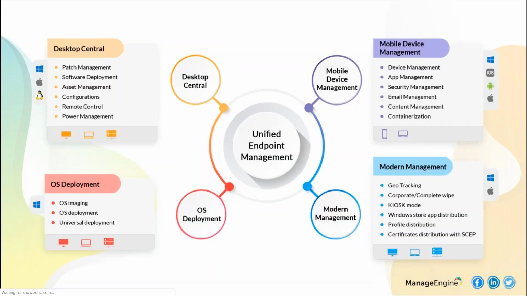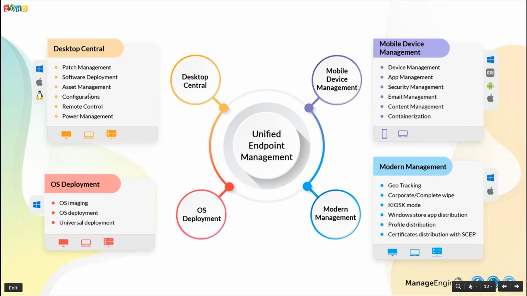These are the features that you can leverage when you're using Desktop Central as a unified endpoint management solution. We have patch management, which takes care of operating system and third-party application patching. We have application management, asset management, configurations.